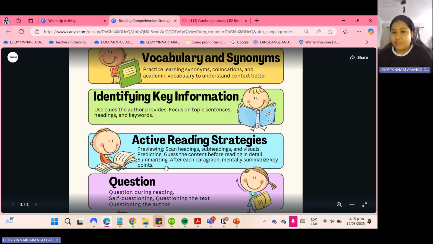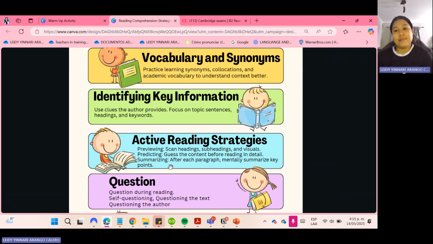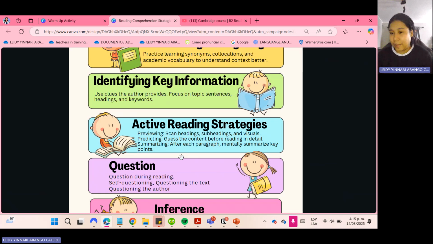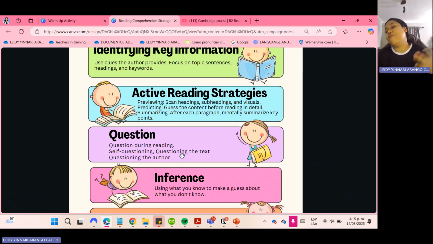Active reading strategies, previewing and predicting, are key to moving forward and not spending that much time reading the same phrase. That used to happen sometimes: you might be reading something and continue again at the same place, so you don't move forward. This will help us prevent and avoid that situation.